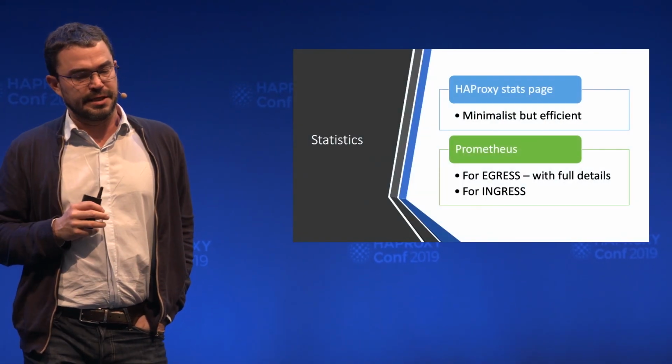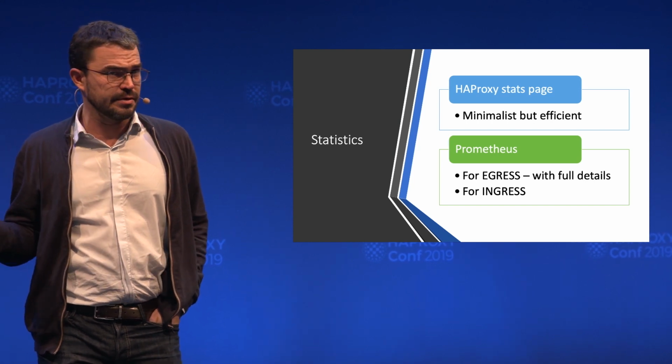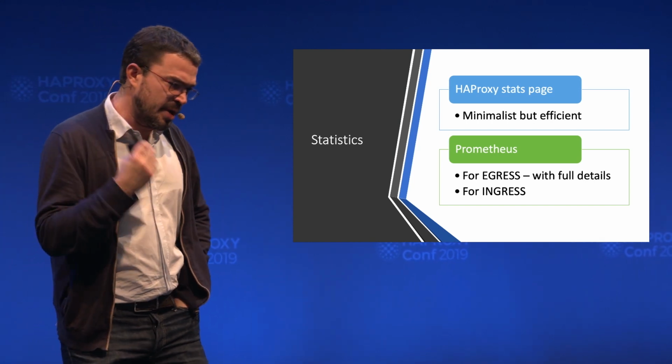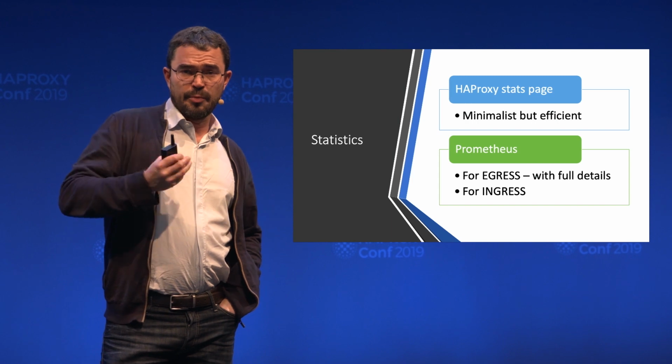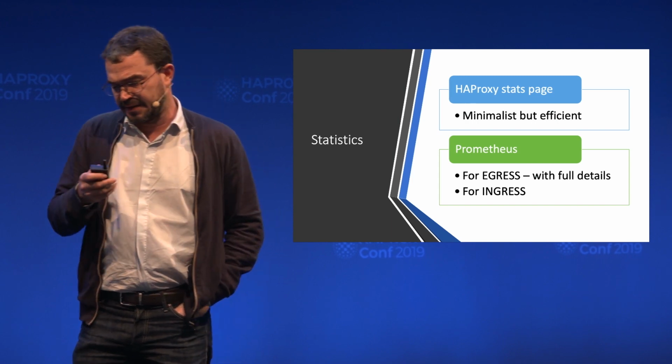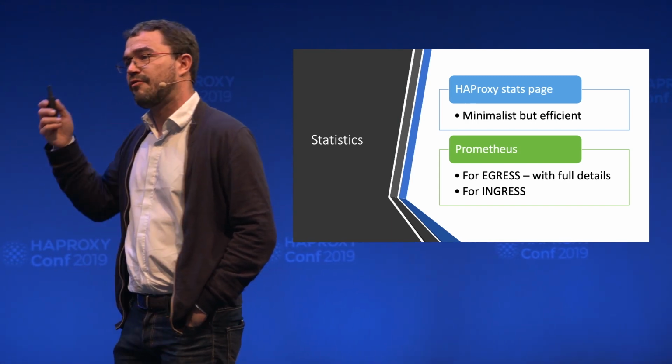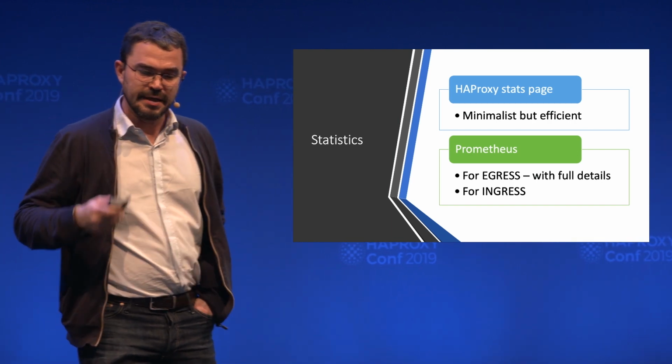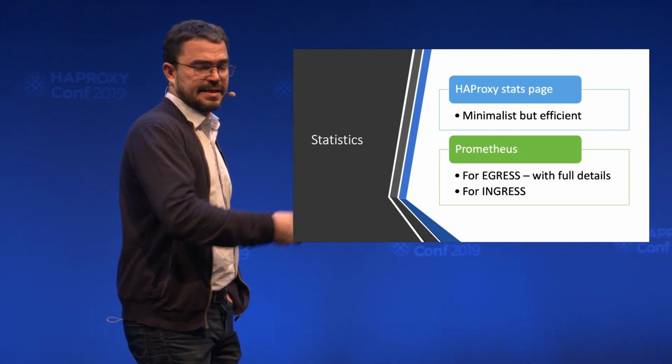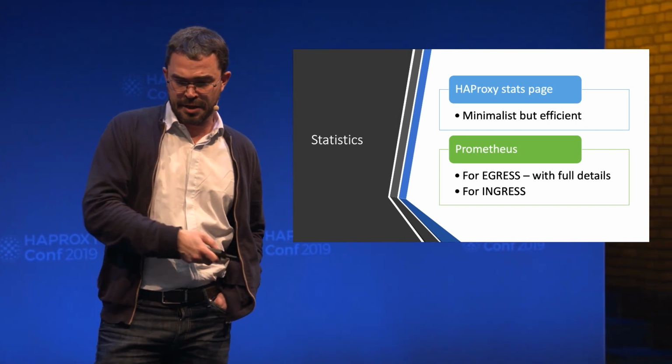What we did as well is that this system, of course, exposes the HAProxy stats page, as usual. But we also made an exporter compatible with Prometheus that exposes all the metrics from HAProxy Connect, including all the requests for egress and ingress.